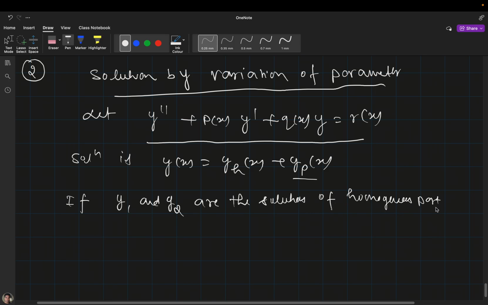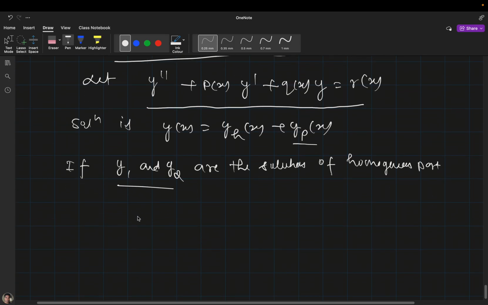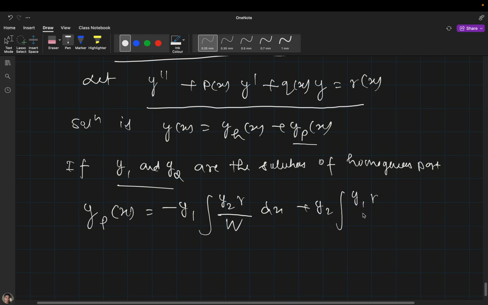So the solution will be in this form: minus y1 integral of y2 r divided by w dx, plus y2 integral of y1 r divided by w dx.